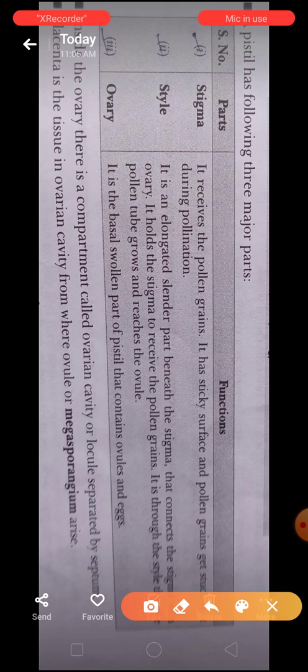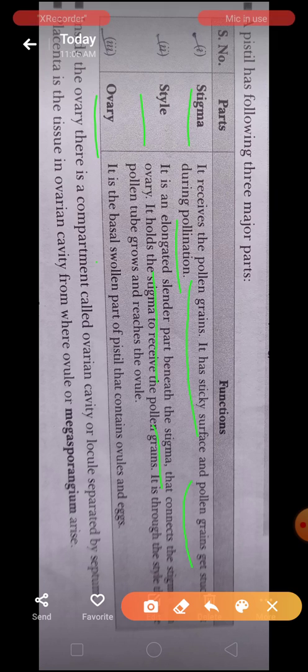See, in this chart, the function of the stigma: it receives the pollen grains, it has a sticky surface and pollen grains are stuck there during pollination. Style is the elongated cylinder part beneath the stigma. Through the style the pollen grain reaches the ovary.